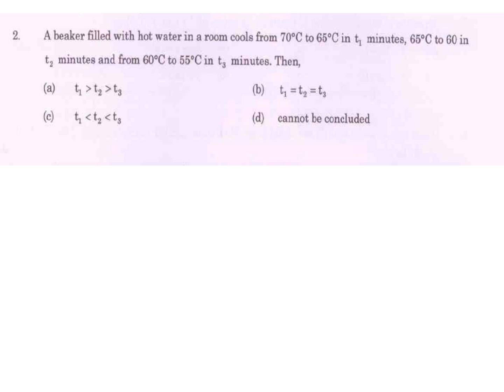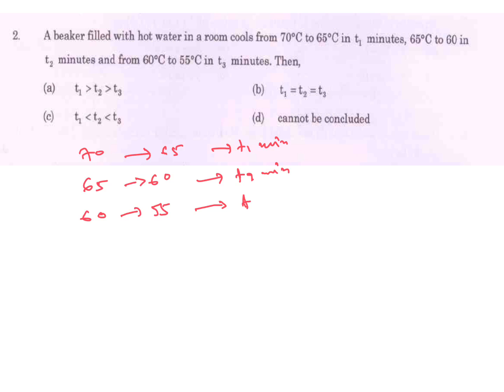Then we have to find the relation between T1, T2, T3. 70 to 65 in T1 minutes, 65 to 60 in T2 minutes, 60 to 55 degrees Celsius in T3 minutes.